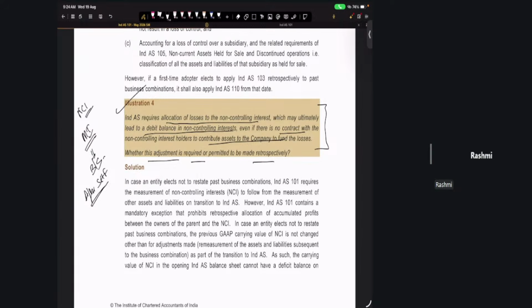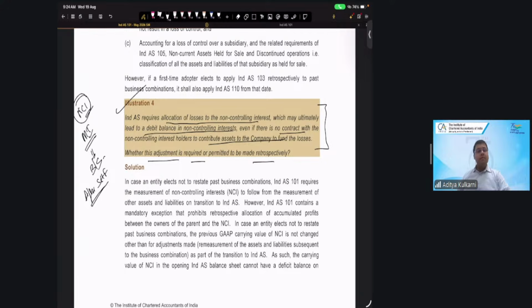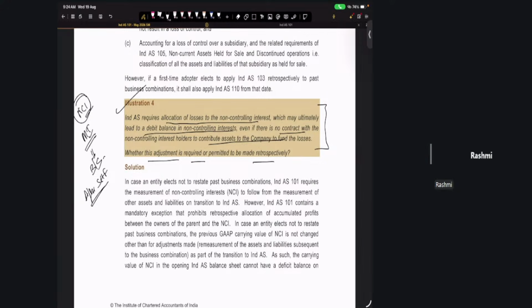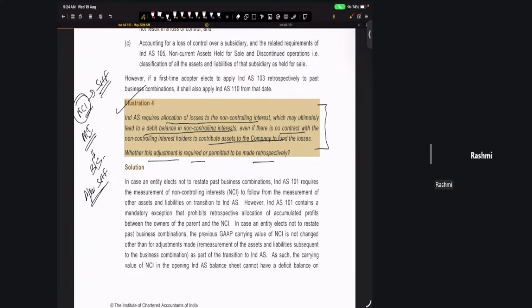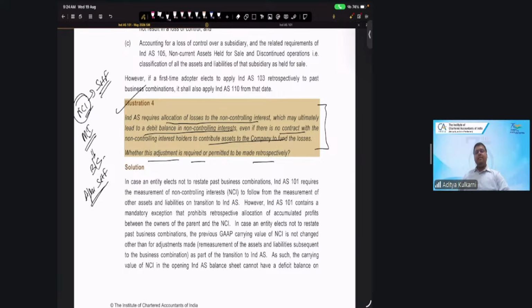Under Ind AS, where does NCI appear? It goes as part of shareholders' funds. Because what is NCI? NCI is ultimately holding the capital. In my consolidated financial statements, I hold 60%, NCI holds the balance 40% if the 60-40 ratio is there.